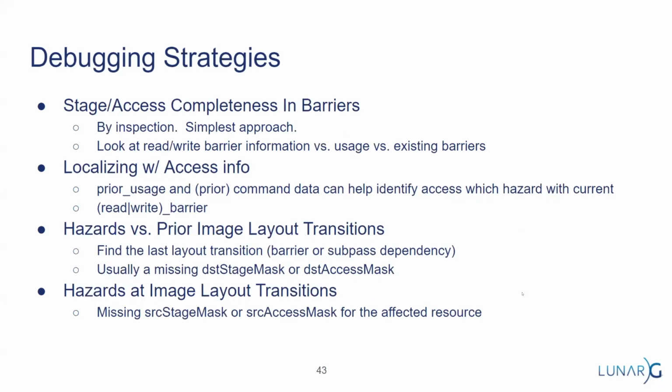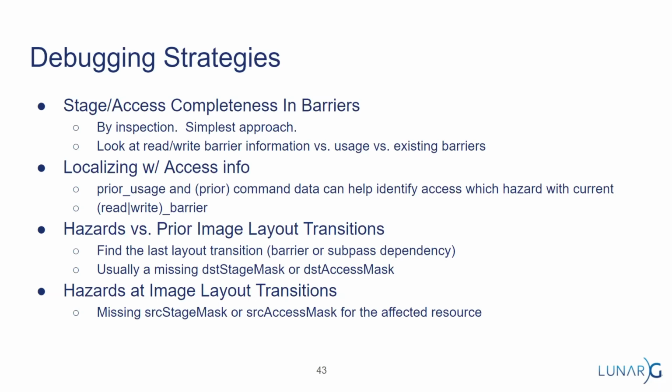So how do we attack this? The simplest approach is by inspection. Again, the folks on the Godot team said I could talk about what I discovered. They have metadata within their application, as most engines or applications have, about how a resource is being used.